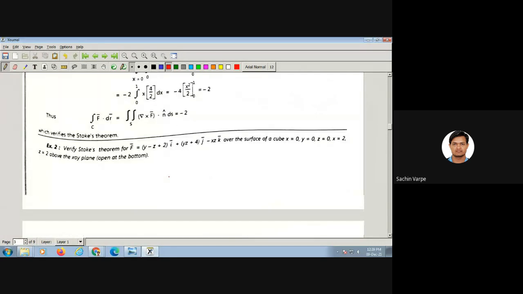So here is one more example: verify the Stokes theorem for this particular f bar over the surface of a cube. Now, if we look at the surface of a cube, that will always be a closed surface, and to use Stokes theorem we want an open surface.